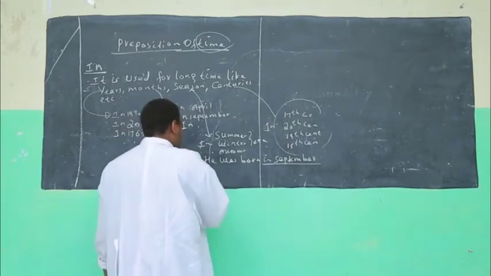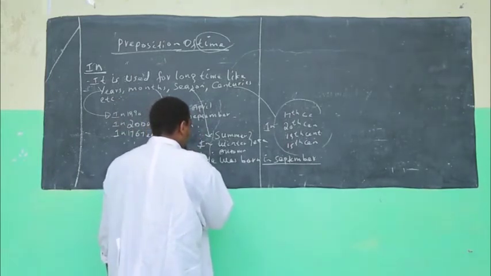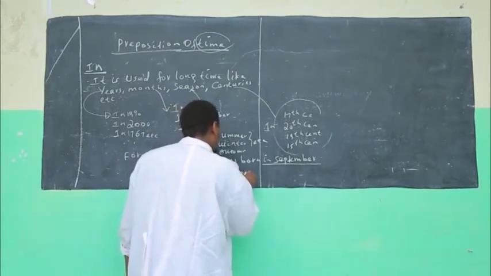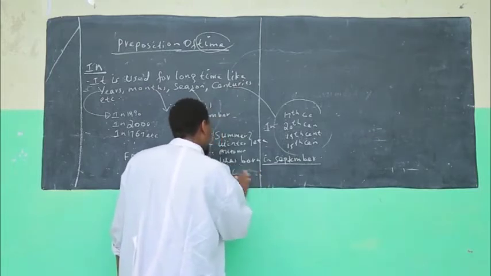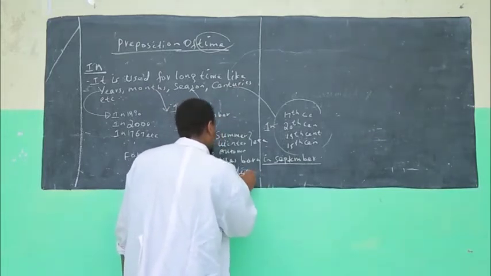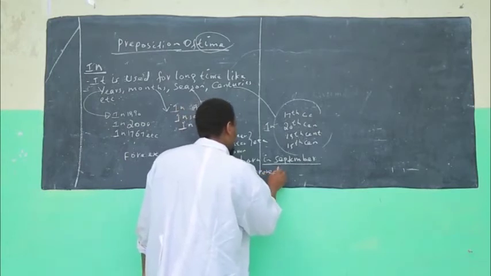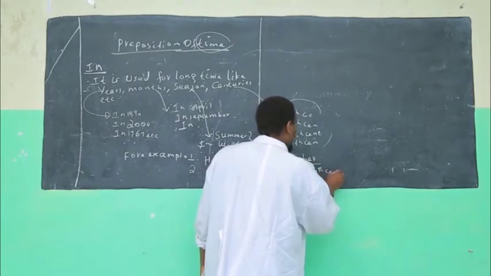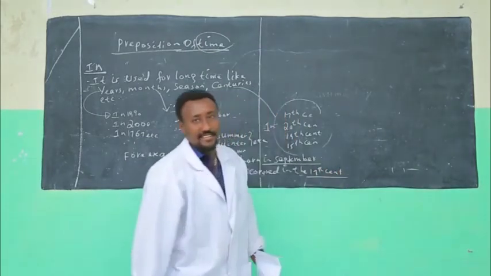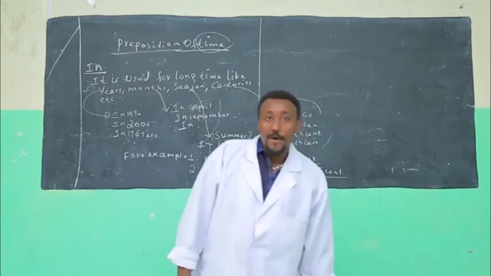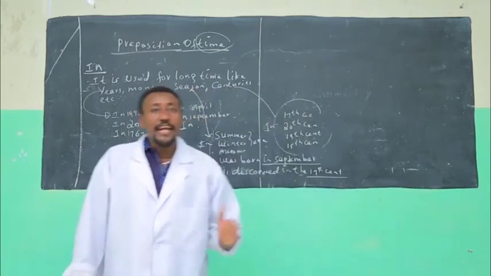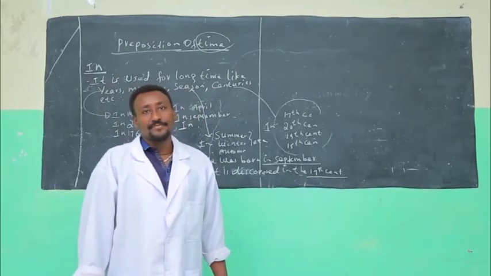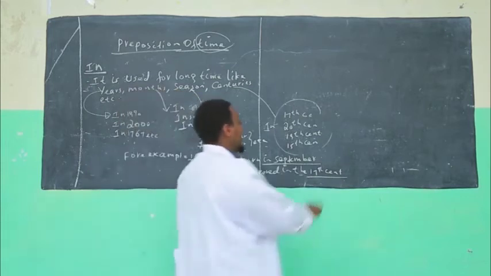In the next example, it is in November, or it is discovered, let's say, it is discovered in the 17th century, when something new is created. So, we can say that "in" is used for long years and decades. Understand? Activity.